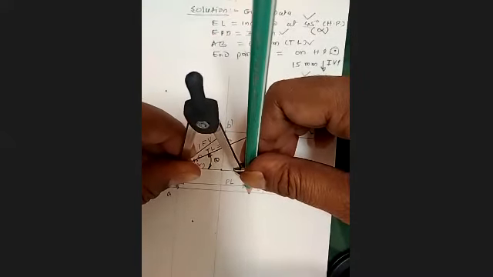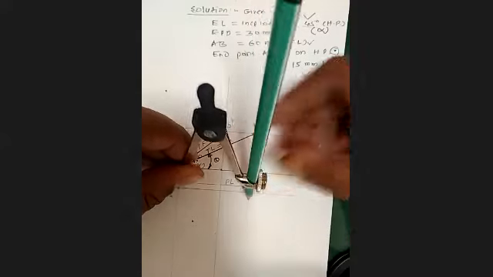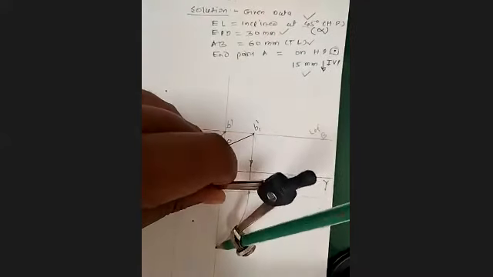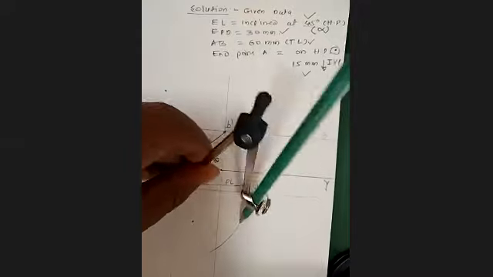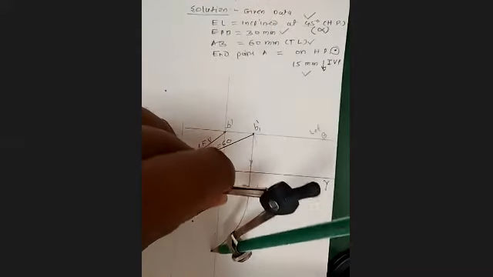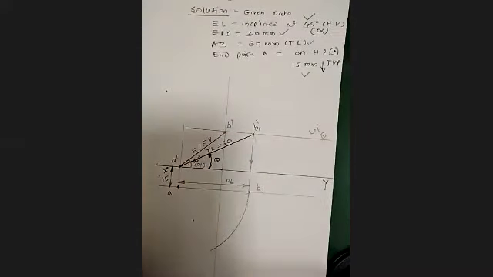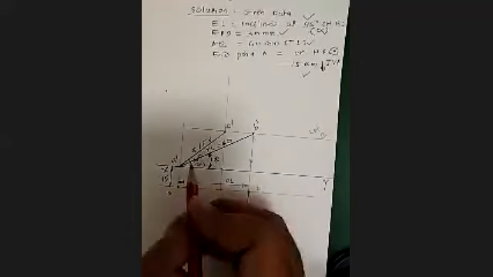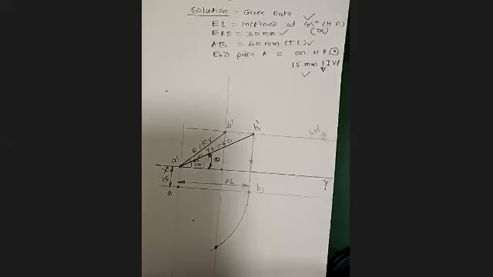Then see, by taking this distance in compass, I will rotate it till it cuts the end projector of B, till it cuts this point. This is the point where I got this. This is the projector. Projector for B is this one.